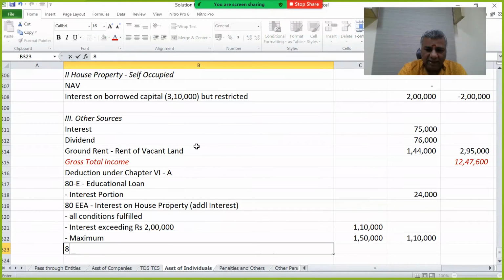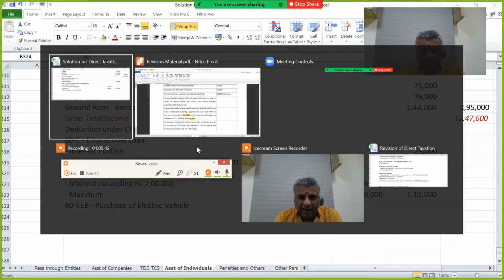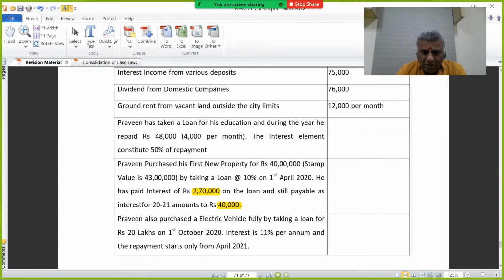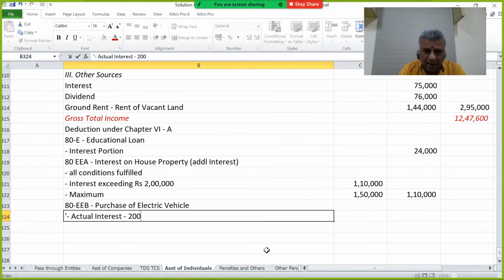80EEB, purchase of electric vehicle. 20 lakhs, interest is 11%. Interest payable will also qualify, actual interest: 20 lakhs into 11% into 6 by 12.